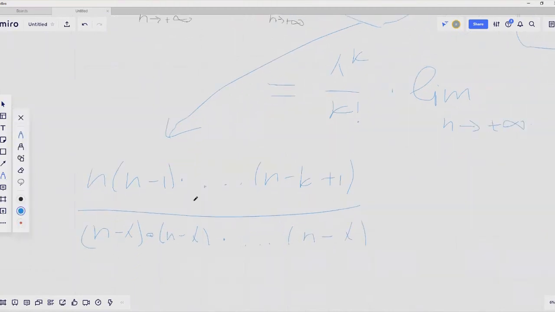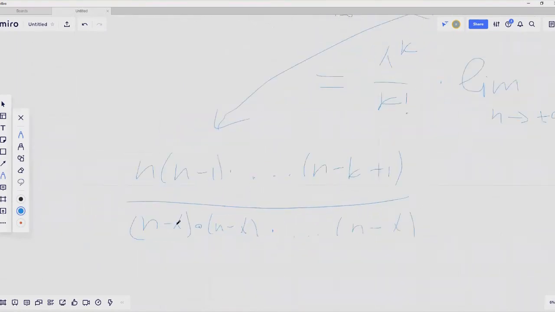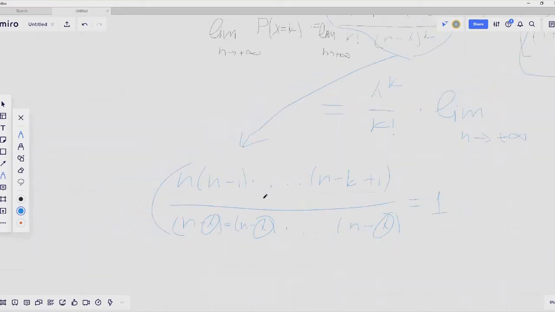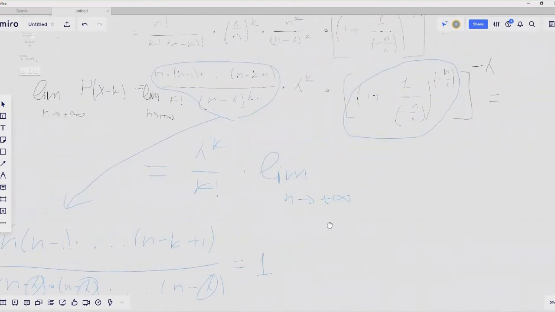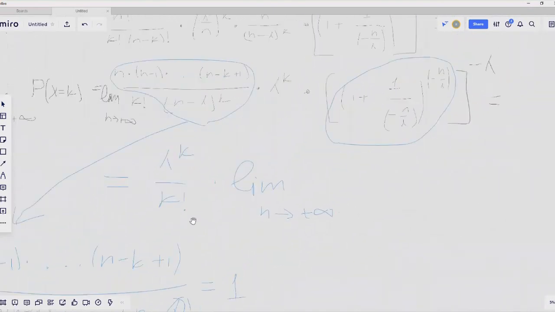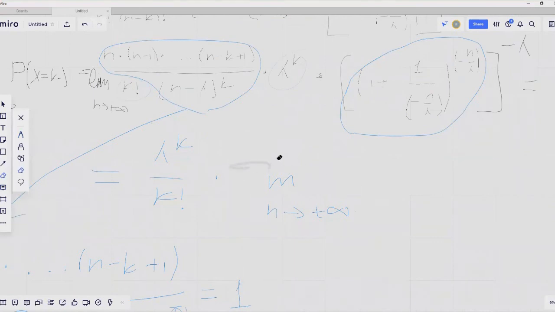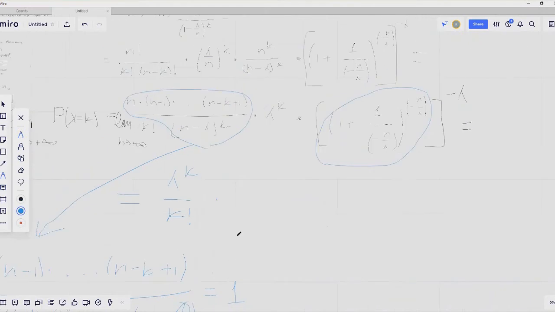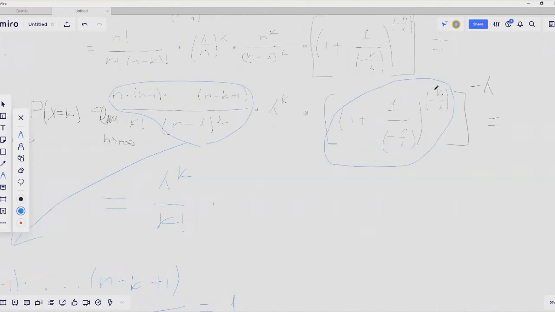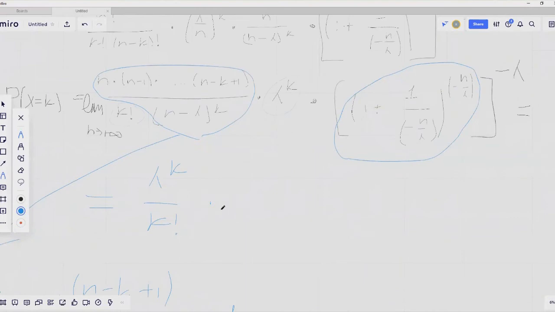Now, if you pay attention to these terms, as n is approaching plus infinity, lambda can be regarded as some constant. This ratio is going to be equal to 1. So the limit of that ratio is going to be equal to 1. So all we are left with is, I can remove the limit sign now, this huge fraction is equal to 1, and this bracket here is equal to e to the power of minus lambda.